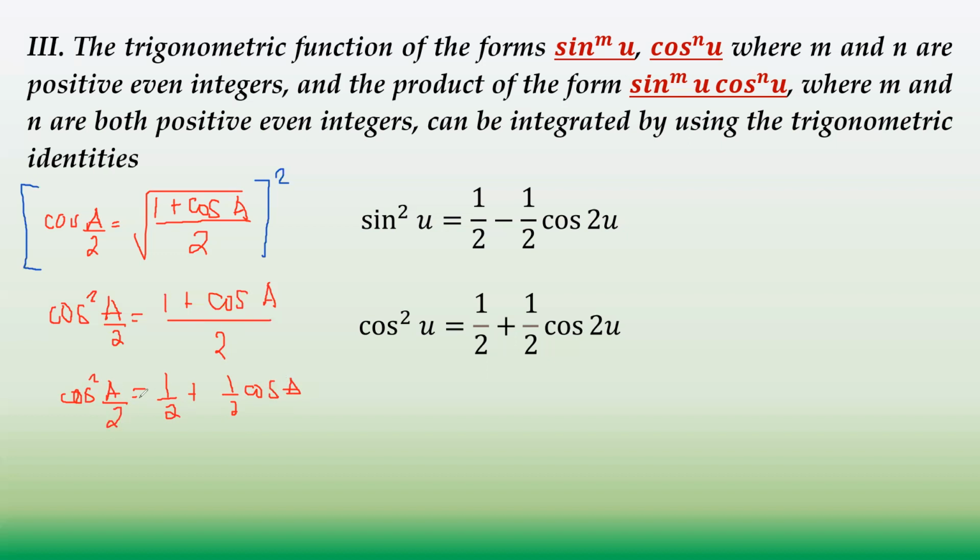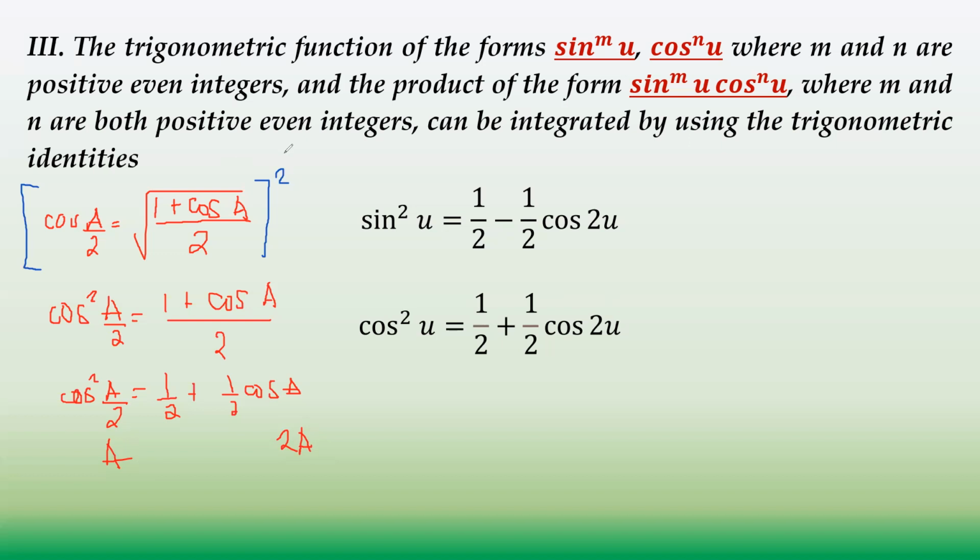Kaya kung ito ay A lang, ito ay 2A. Kasi twice ito eh. So from A, nakalahati A over 2. From 2A, makakalahati. A lang siya. Ito yun. Cosine squared u equals 1 half plus 1 half cosine 2u. Yun naman sine is 1 minus cosine, pagkabano kang sine of A over 2. So yun lang yung derivation niyan.